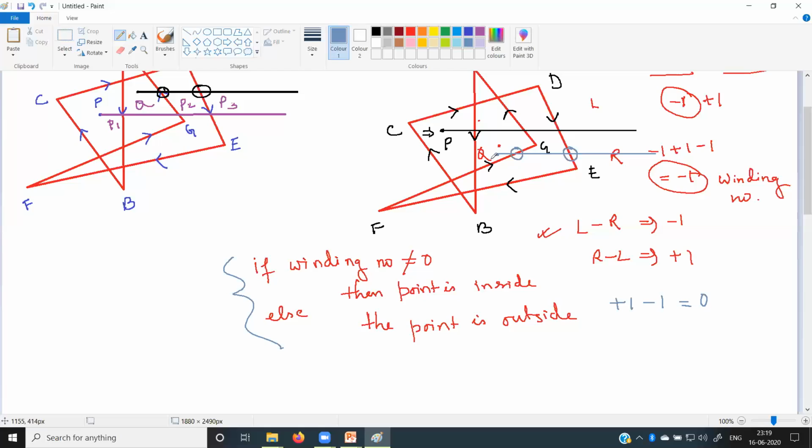Again I am telling, if a point passes through a vertex, this winding number concept will not work. So that is all about the polygon filling algorithm, where the shape of the polygon is not an ordinary shape, where there are some intersecting edges.